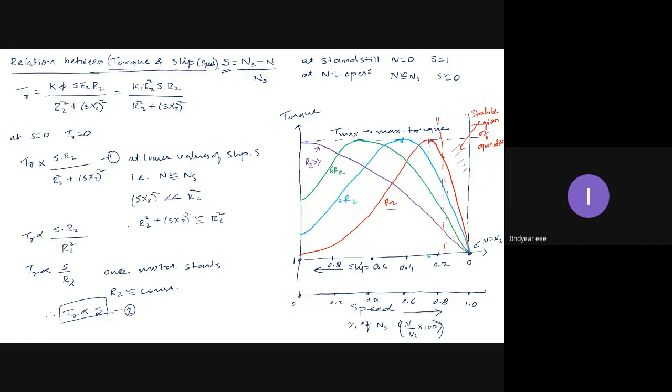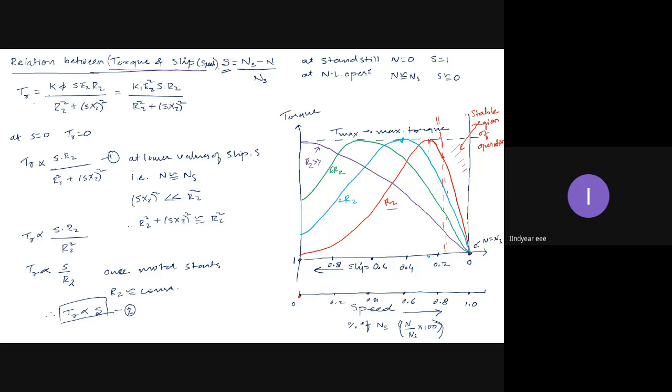If you are into the career of motors, you have to remember this compulsorily. This is one of the very important points in the entire operation of the induction motor, torque slip characteristics. So I will repeat it once again.